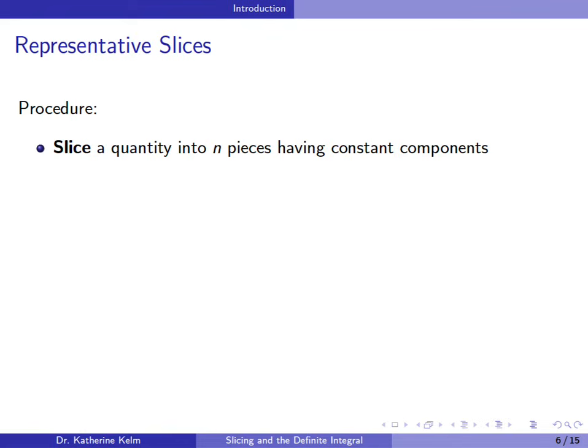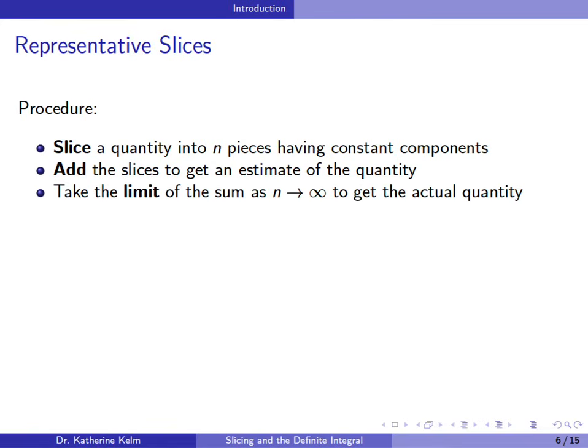So the procedure is, we're going to slice a quantity, either area, volume, and so on, into n pieces having constant components. We'll add up those slices to get an estimate of the quantity. We'll take the limit of the sum as n goes to infinity to get the actual quantity, and that's the definite integral.